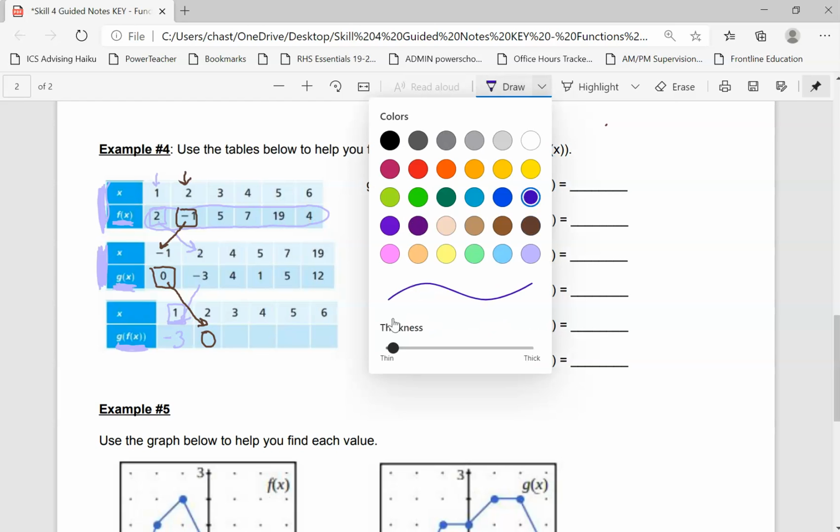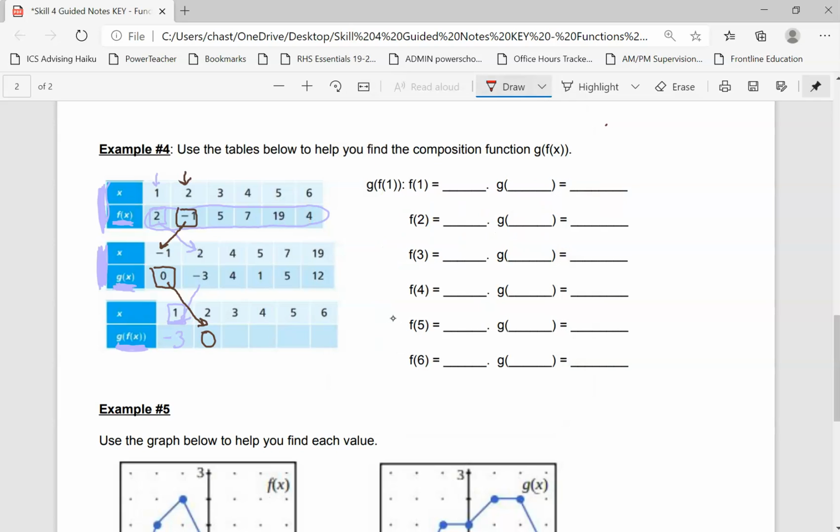A lot of times when I'm teaching this to my students, I just tell them to follow the chain. So if I want to find g of f of 3, I start with my f input of 3. That gives me an output of 5. Now I'm going to look for that 5 as an input for g of x, which gives me 1.